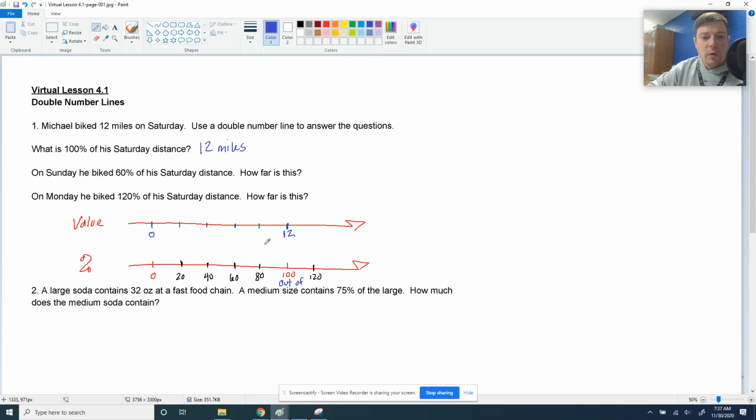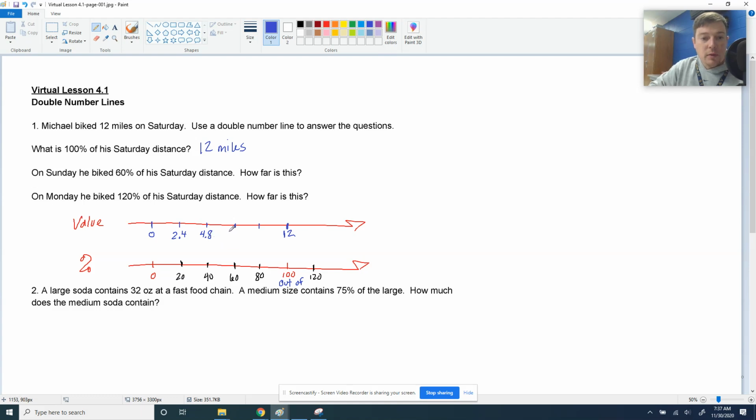And so what we want to do here is we want every one of these to represent a fifth of 12. Now, if you take 12 and divide it by 5, it doesn't come out perfect, but it is 2.4. So every one of these is worth 2.4. 2.4 to there. You double that, it would be 4.8. You add 2.4 to that again.